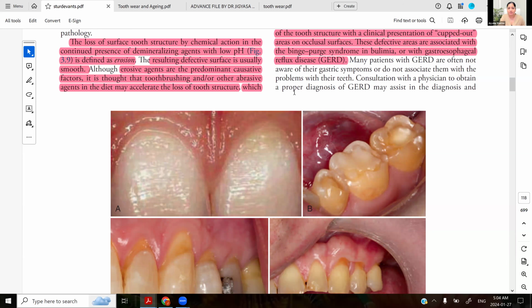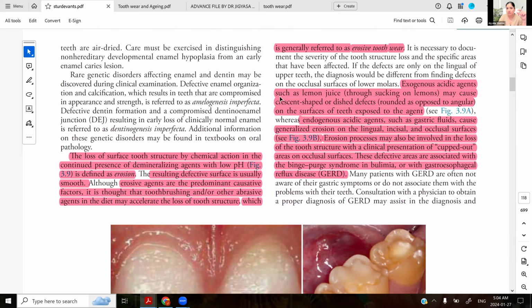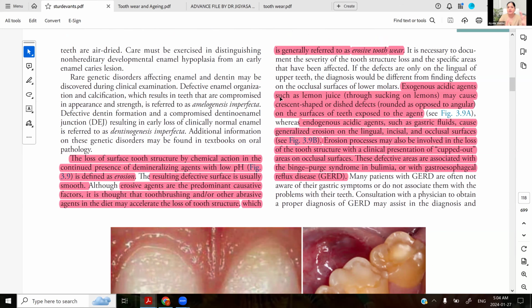The resulting defective surface is usually smooth. Although erosive agents are the predominant causative factors, it is thought that toothbrushing and other abrasive agents in the diet can accelerate the loss of tooth structure. So what is believed now is that in the cervical lesions, the NCCLs, the non-carious cervical lesions, underlying erosion is still the factor causing the exaggerated effect of toothbrushing.